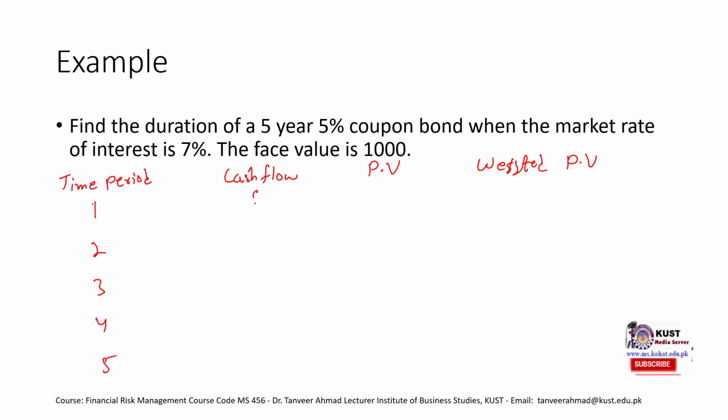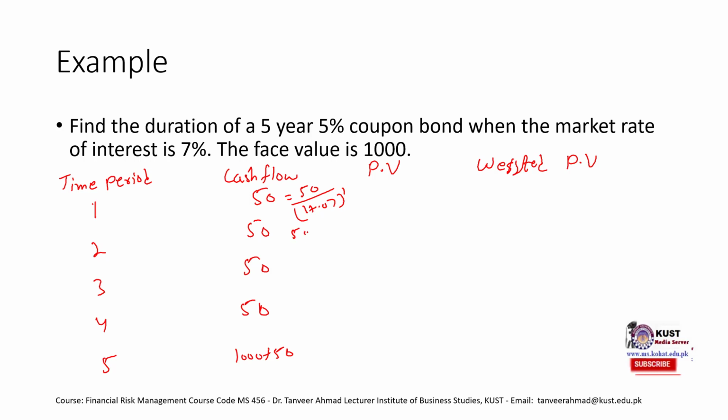The cash flow for the first time period would be 50 because that would be the interest we would receive, then 50, and in the last year we would receive the 1000 principal amount as well as the 50 of interest. So let's find the present value of each of these cash flows. We know how to find present value, divided by 1 plus 0.07 raised to power 1.